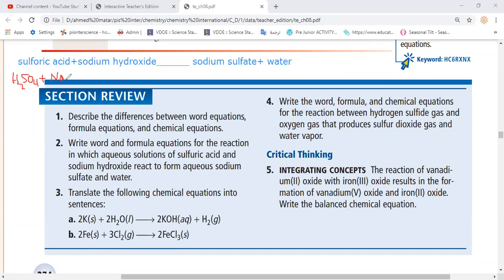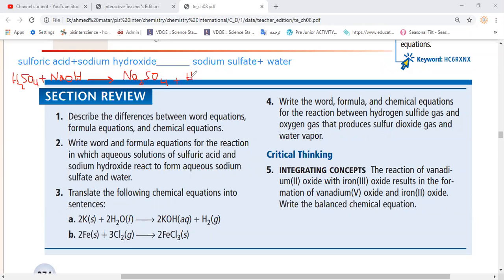Na is sodium, OH is hydroxide. So you should check first that the formulas are true. So for the sulfuric acid, yes, it's true, and NaOH, that's sodium hydroxide, then yields, what are the results? Sodium sulfate, Na2SO4, plus H2O.